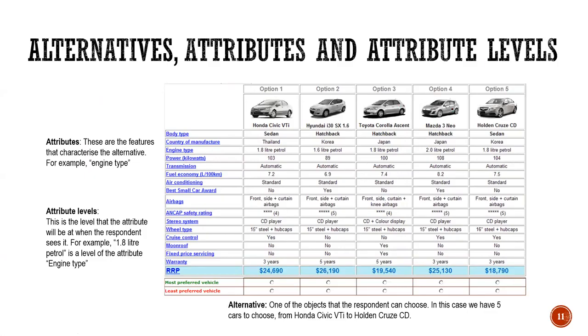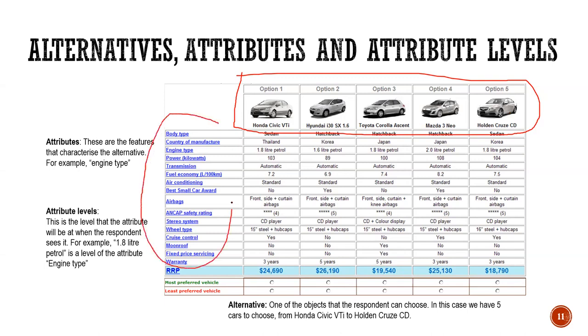So here are 5 options. These are different types of cars, and their attributes are given. So these are 5 alternatives or 5 options available to the consumer to choose from. These are the attributes.